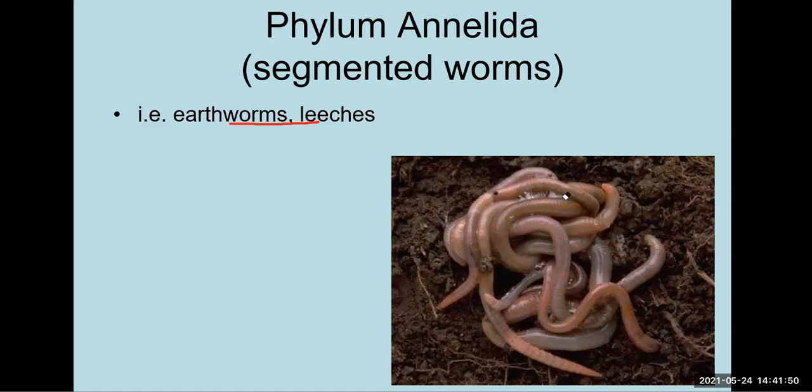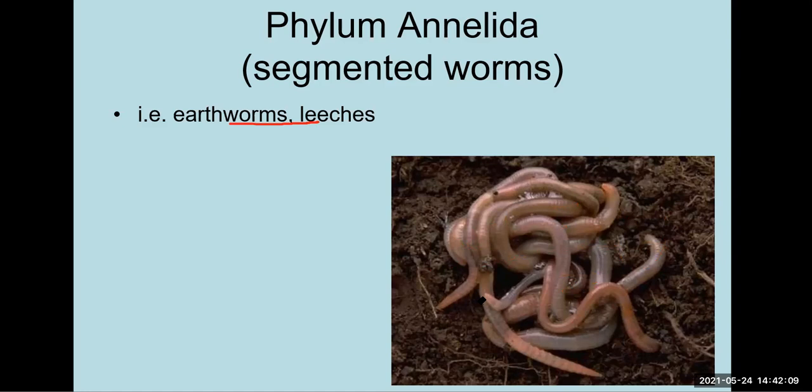I have seen this. We also dissected and studied this in our laboratory when I studied my BS biology in my undergraduate. Earthworms and leeches.